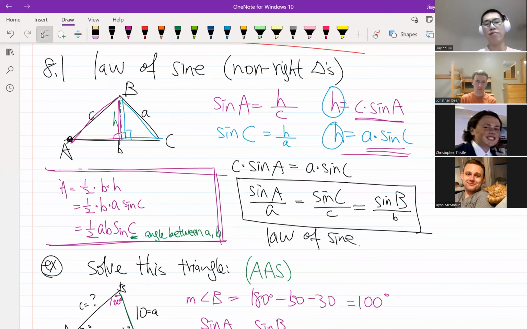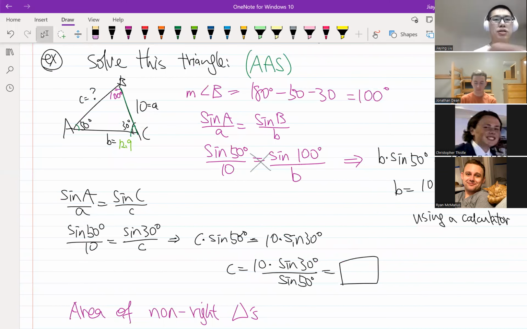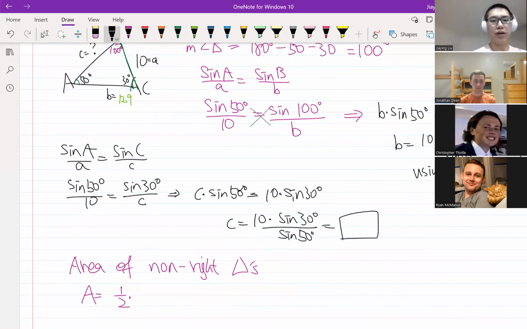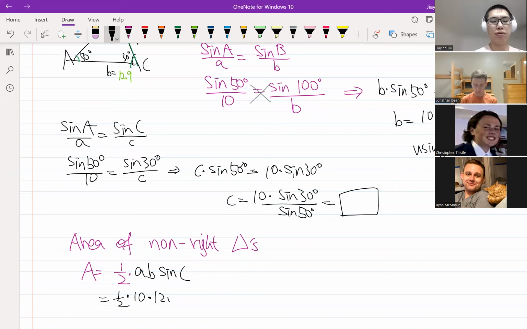That's the formula, 1/2 ab sine C. For this particular example, I know a, I know b, and I know angle C. So the formula for area is 1/2 ab sine C. That's going to be 1/2 times a is 10, b is 12.9, and the sine of angle C, which is 30 degrees, is half.